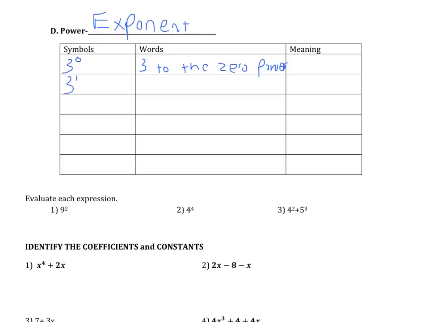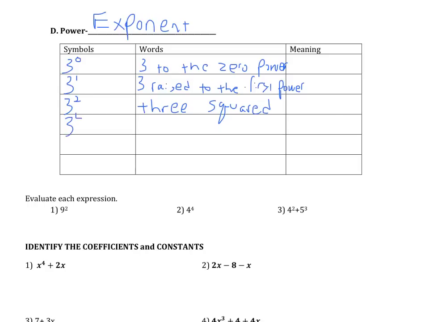We would say 3, and you could even say raised to the first power. How would we say this one? Well, we could say 3 raised to the second power or 3 to the second power, but we can also just say 3 squared. Anything raised to the second power we can just say as squared.